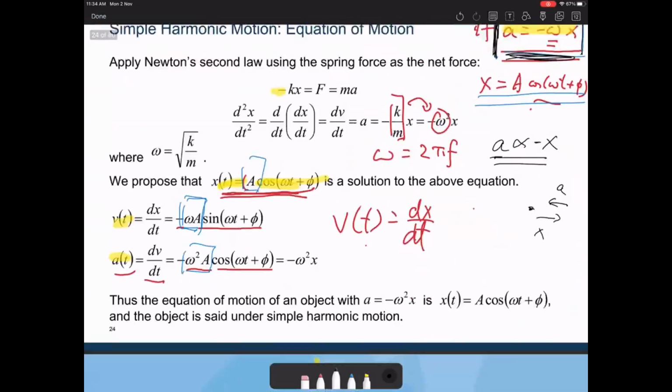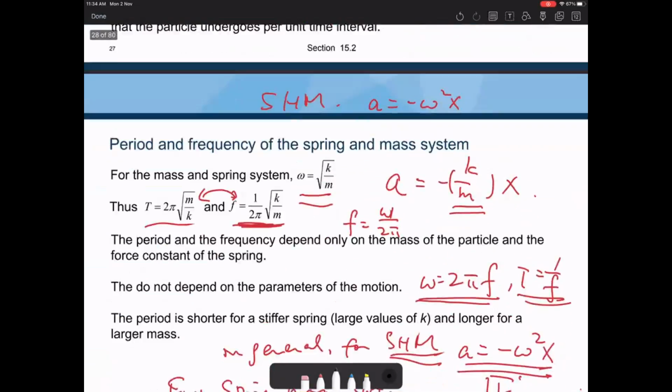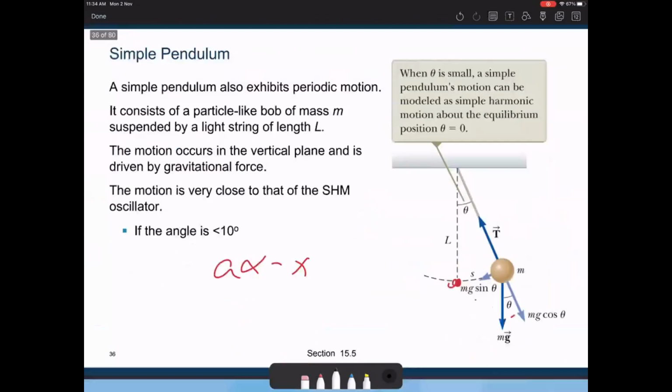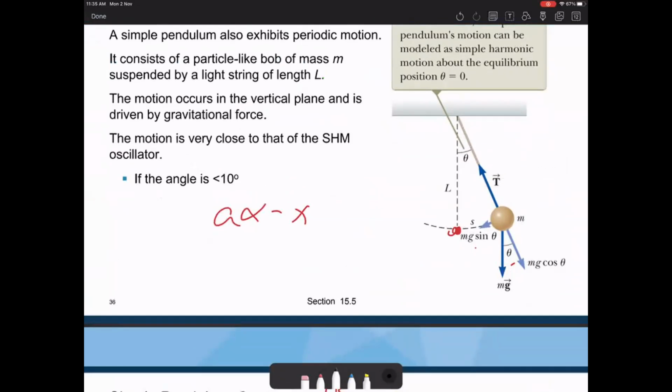And secondly, we have discussed the case of the simple pendulum, where you have a bob or a mass connected to a string. Here, the restoring force is provided by the tangential component of the weight for the angular motion.